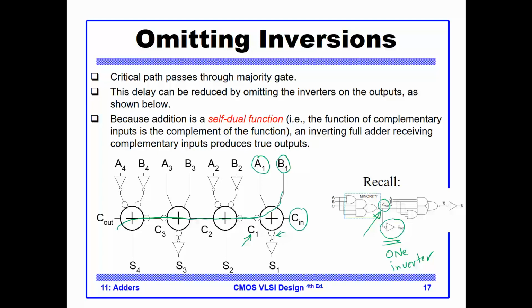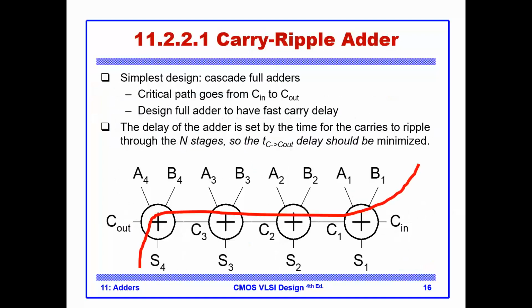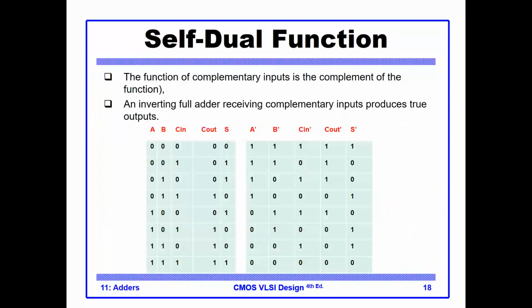It turned out that the addition function is a self-dual function. What do we mean by a self-dual function? This is the truth table for a one-bit adder, or full adder. These are the inputs.